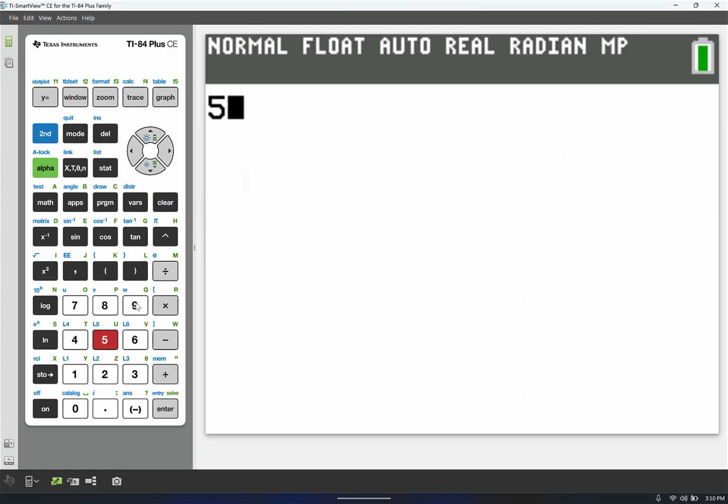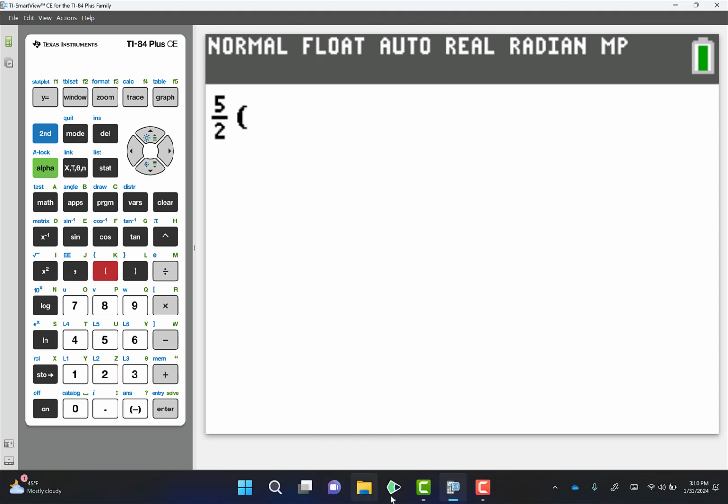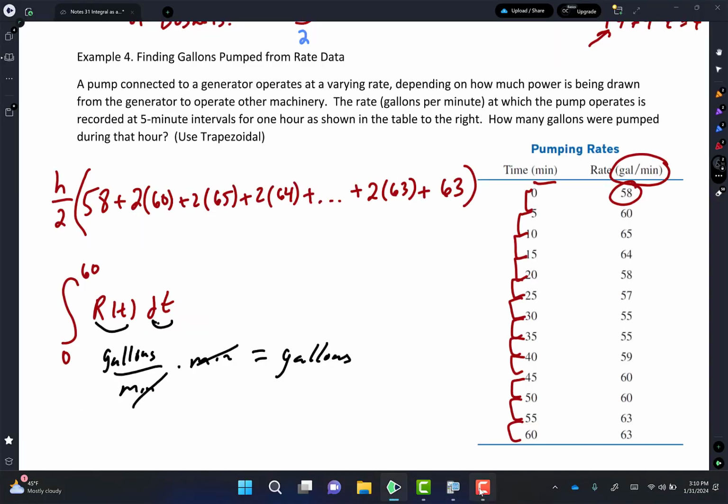Let's see. 5 divided by 2. You know what? I'm going to use this. Alpha trace 5 over 2. Parenthesis, and I already forgot. Someone read them to me.